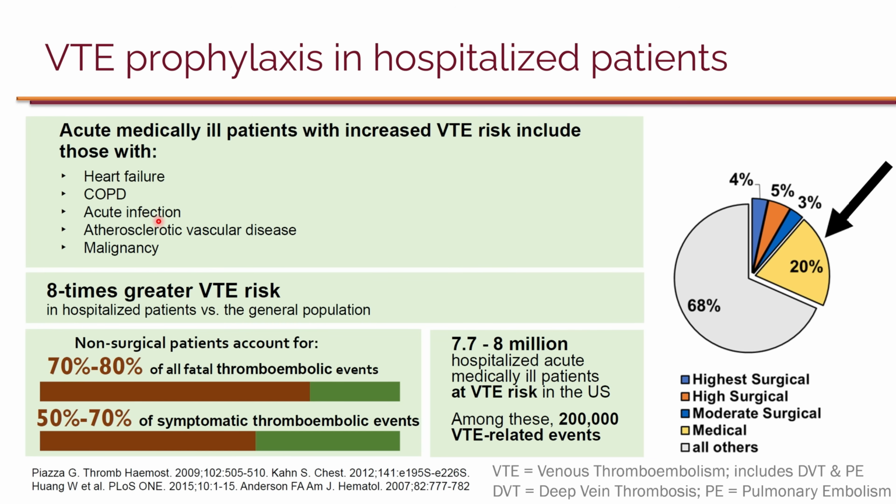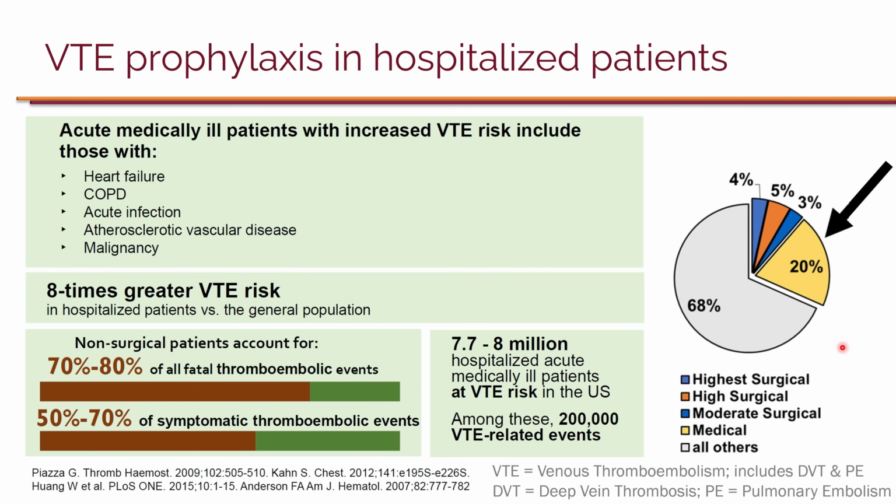Now, VTE risk is 8 times greater in hospitalized patients versus the general population, and non-surgical patients account for up to 80% of all fatal thromboembolic events and up to 70% of symptomatic thromboembolic events. This can add up to 8 million hospitalized acutely medically ill patients at VTE risk in the US, in which about 200,000 VTE-related events can occur.